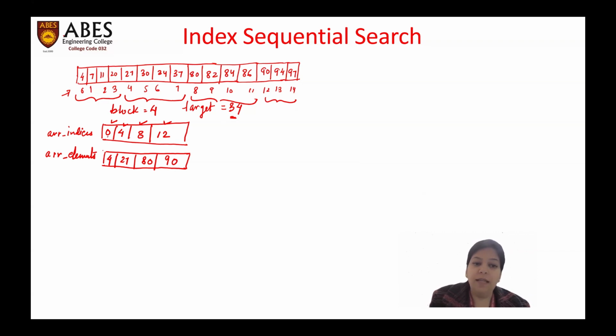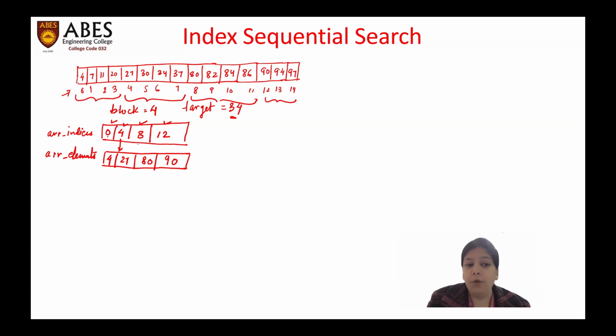Now, if the value that we are searching is less than the value stored at index 0, then it is definitely going to be an unsuccessful search. Now we are going to jump to the next index. We are going to check whether the value that we have to search is less than the value which is stored at index 4. But this is also not the case.